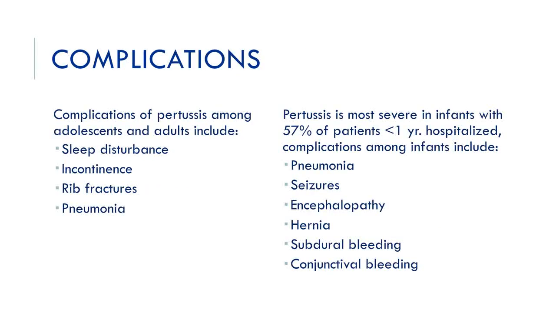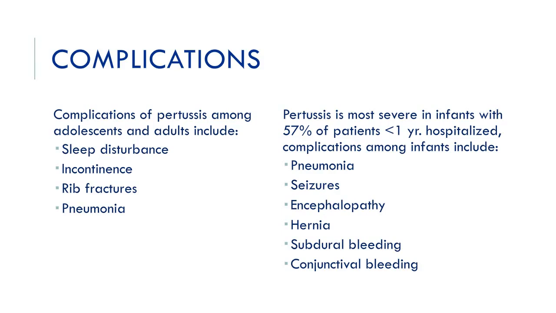Complications seen in pertussis, mostly among adolescents and adults, include sleep disturbances, incontinence, rib fractures, again from that horrendous coughing during the paroxysmal stage, and they are open to secondary bacterial and viral infections that might cause pneumonia.